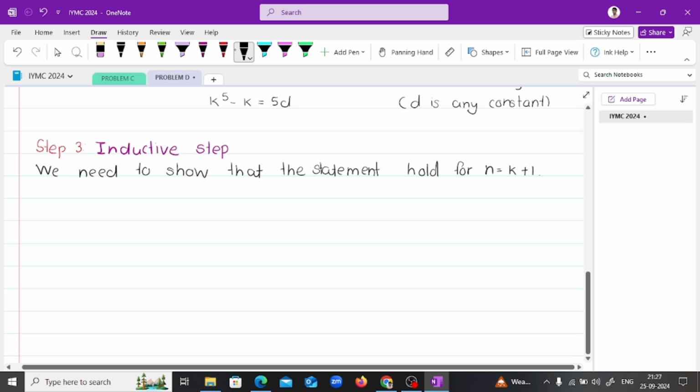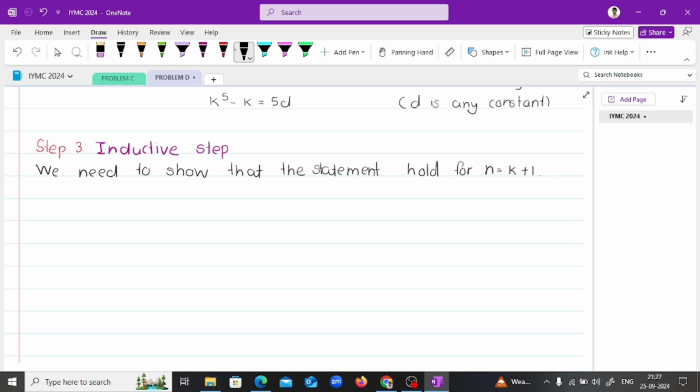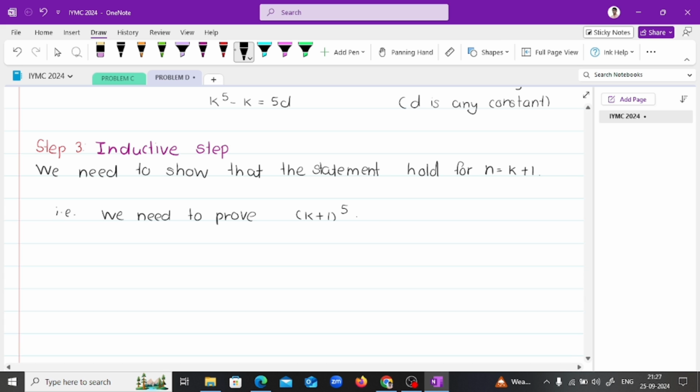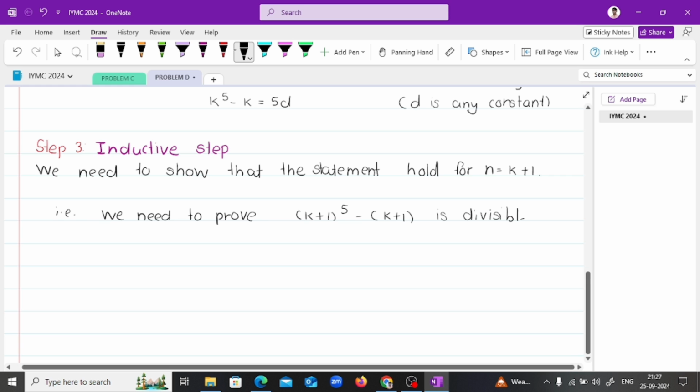We have assumed that it is true for all values from 1 to k, including 1 and k. So we need to prove that k plus 1 raised to 5 minus k plus 1 is divisible by 5.